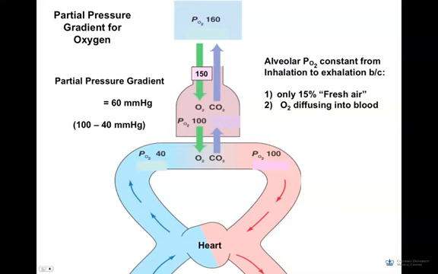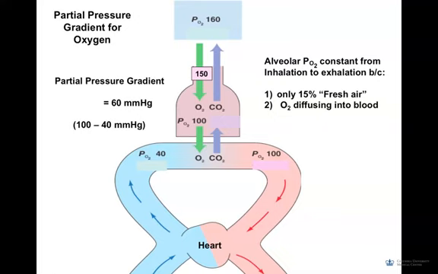Okay. So deoxygenated blood, which is really only relatively deoxygenated, not fully deoxygenated, that leaves the heart by the pulmonary artery and then perfuses the pulmonary capillaries has a PO2 of 40 millimeters of mercury. Okay.